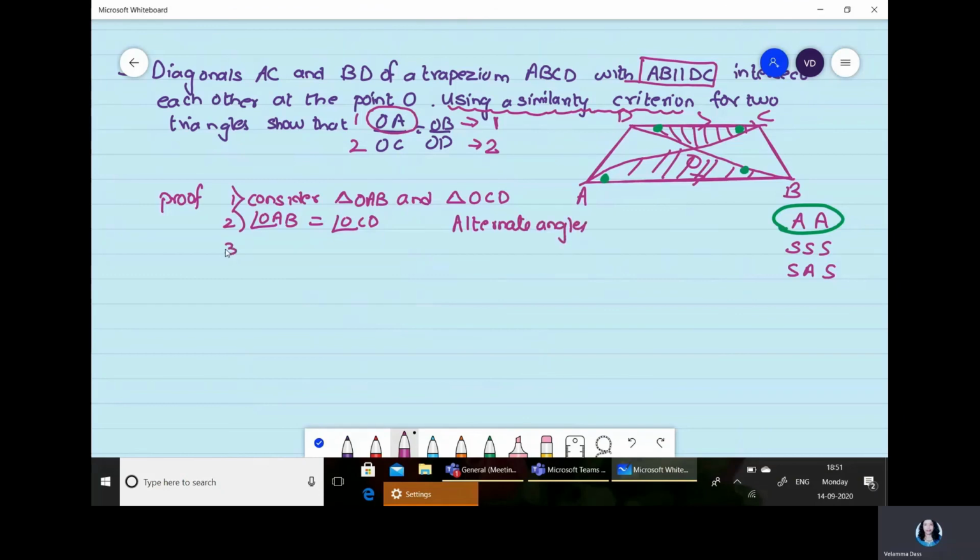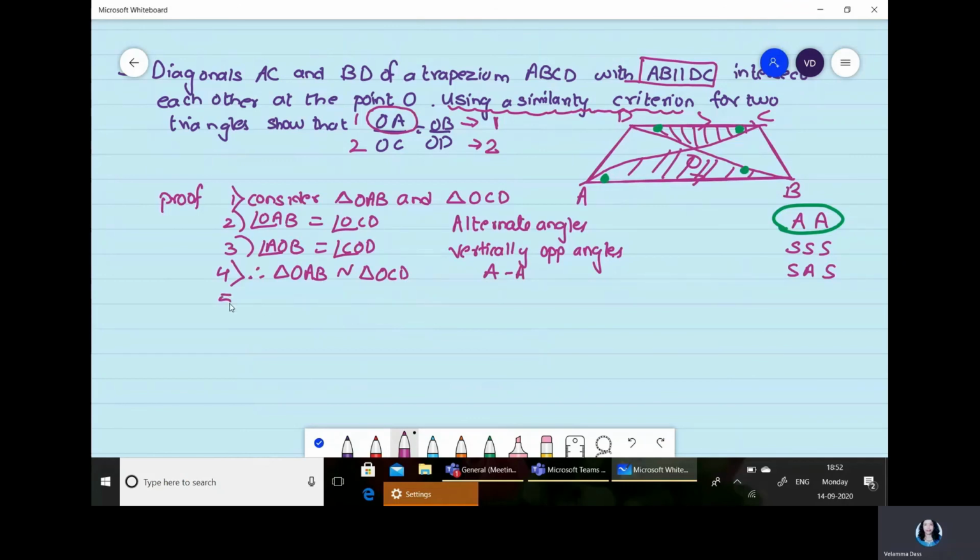You can use vertically opposite angles also. So you can say angle AOB is equal to angle COD, the reason being vertically opposite angles. Any two angles if you write, it is more than enough. Therefore, you can say triangle OAB is similar to triangle OCD by the AA criterion.